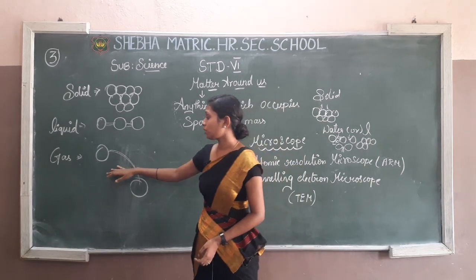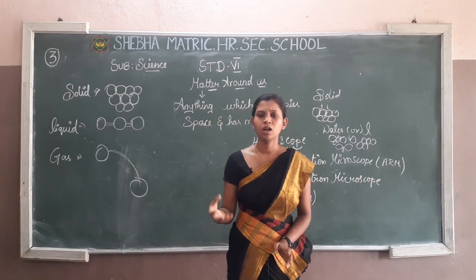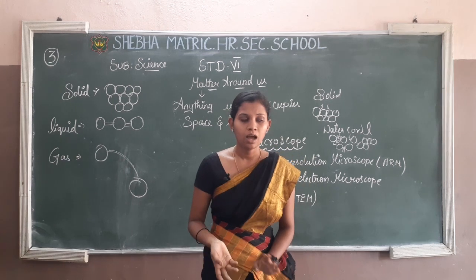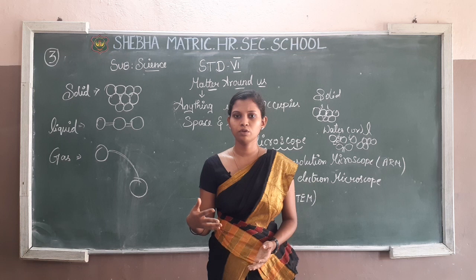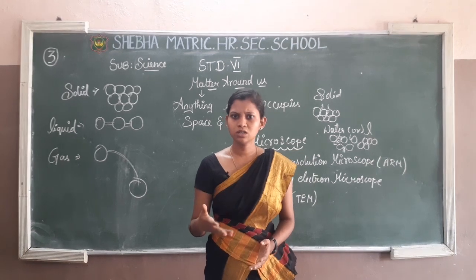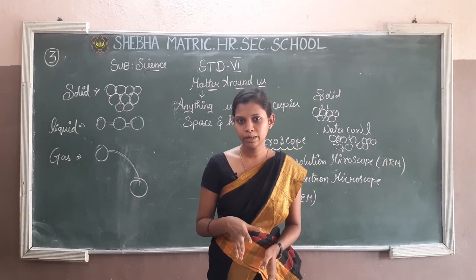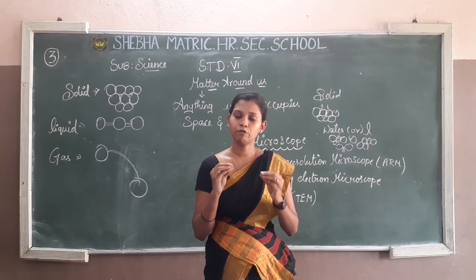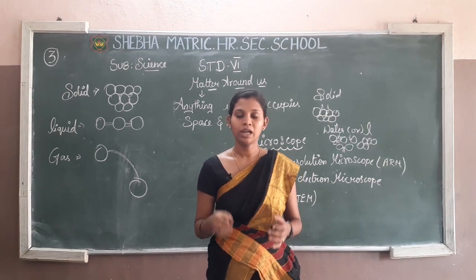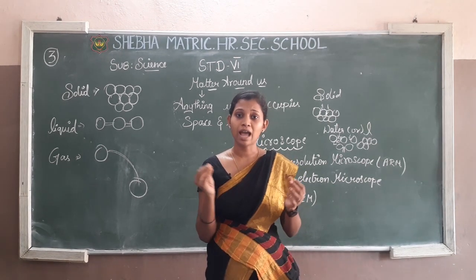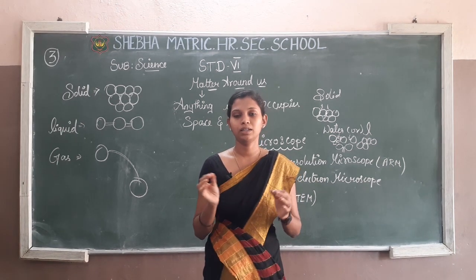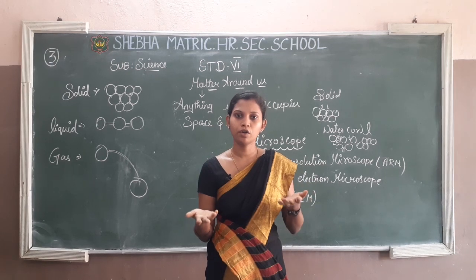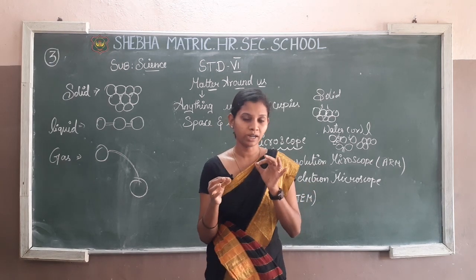But what is gas? Gas is everywhere: we breathe air, we use gas for cooking, and also for some electricity. You all know the helium balloon, because everyone plays with it. They fill the balloon with a gas called helium, and it will fly.